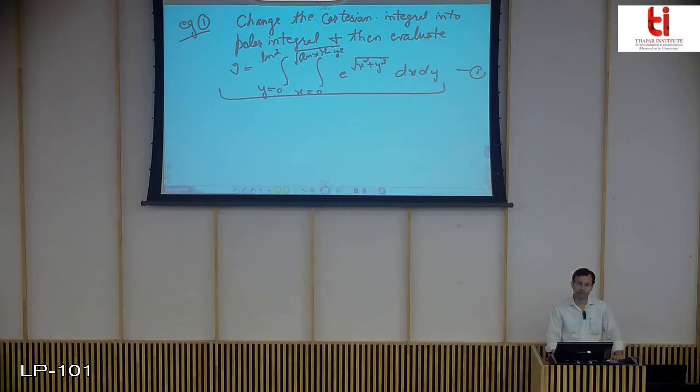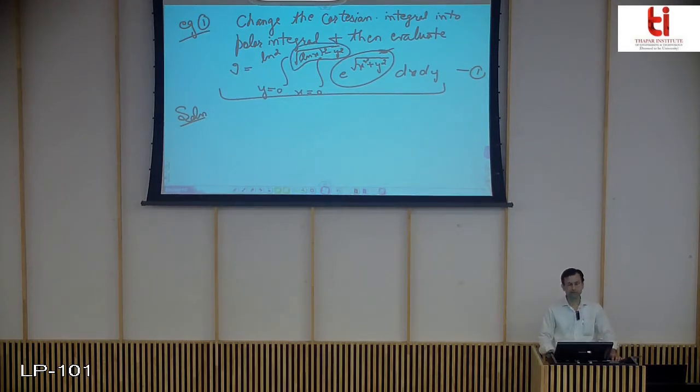However, we have to evaluate it by changing it into a polar integral. Why are we changing to polar integral? You can see the integral itself is not that easy to solve in Cartesian coordinates. It is e raised to power under root x square plus y square, and the limits of integration are also a bit complicated.